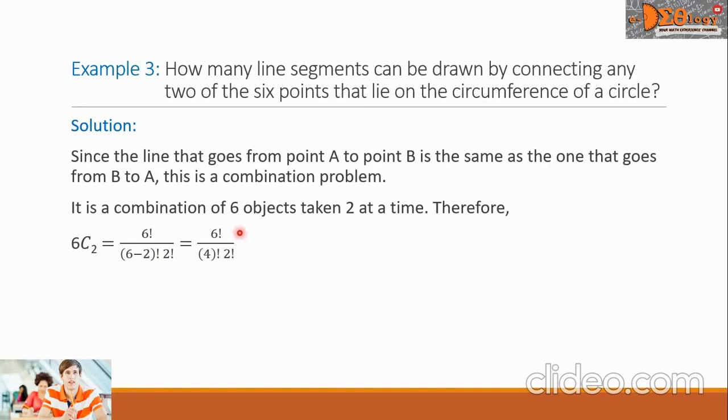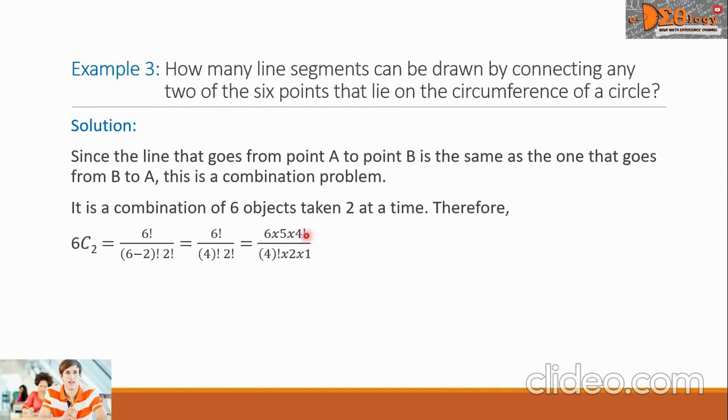Our numerator can be written as 6 times 5 times 4 factorial. In our denominator, we will keep the 4 factorial as is. Then let us simplify the 2 factorial into 2 times 1.